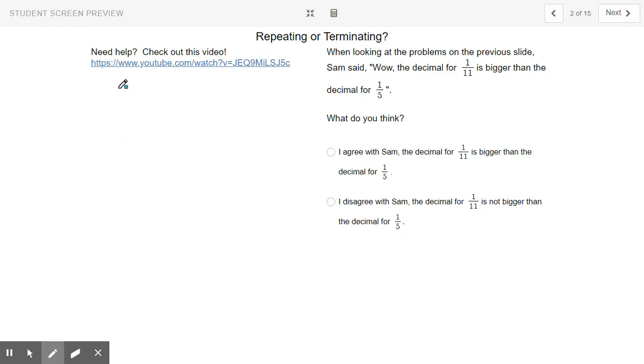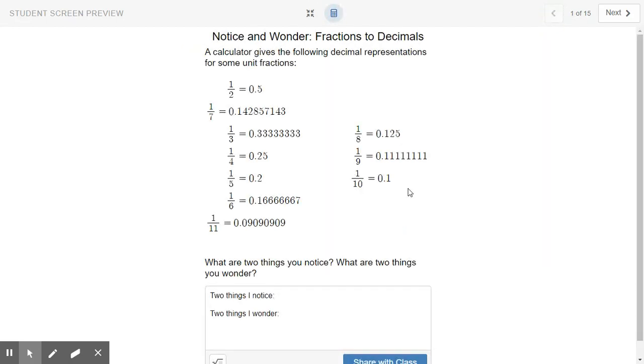Okay, so when we're looking at decimals, this is really asking us to compare them. Which one's larger? And so we have to think about what that word bigger means in this case. When we're asking whether a number is bigger or smaller, normally we're thinking about which one's worth more, right? So like if I gave you the number, well, I'm going to use 11 and 5, just the number 11 and 5.